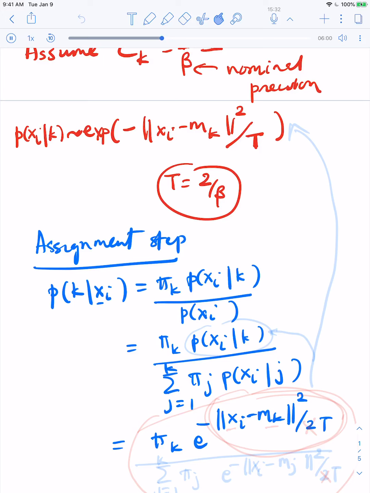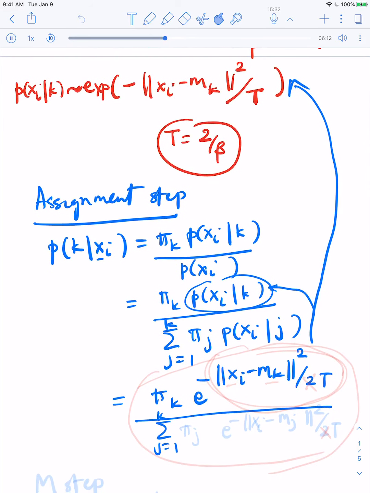That is just plugging in this term, and then at the bottom I'll have the sum from j equals 1 to k of pi j times the same kind of term, with all the other common factors canceling out, the squared norm of x minus mj over 2t. So that's the assignment step.